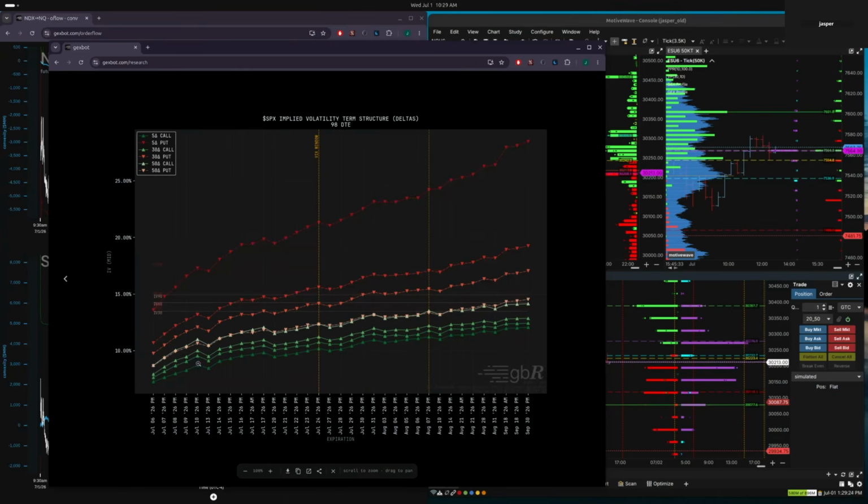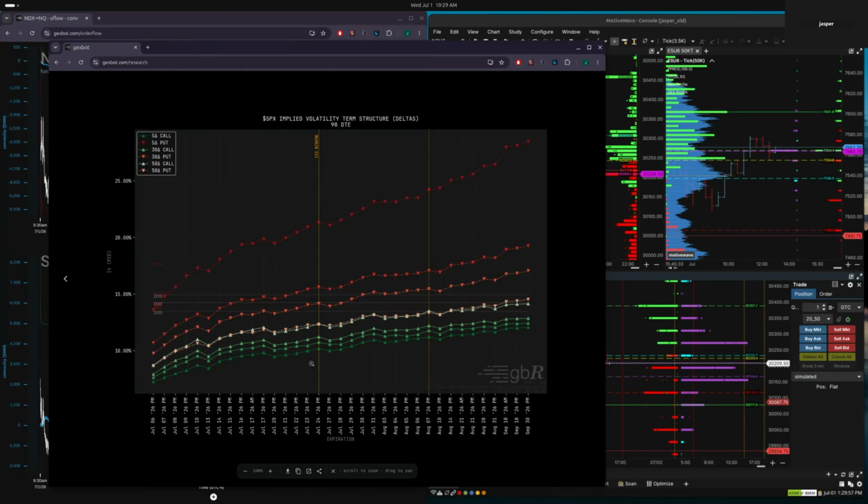So we're doing the 30 delta call, 50 delta, and the 5 delta, and then same for the puts. You can see the darker green is the lower delta call, the brighter red is the lower delta put, the OTMs, right? And as you get lighter, you get to the center, which are the at the monies. Then you can see the skew, right? The OTM puts for SPX are always going to be lifted versus the calls.